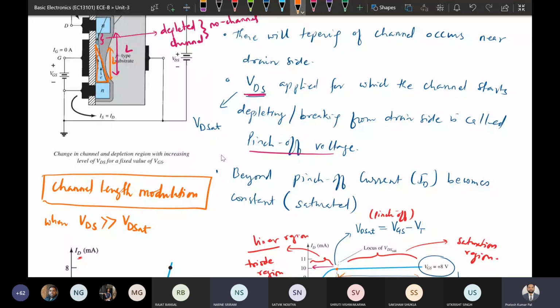It reduces the effective channel length: initially it is L, now it is reduced to L dash, so we have a smaller channel length. This is similar to the modulation in JFETs and BJTs. Base width modulation we have seen, and channel length modulation we have seen previously in the JFET also. So this is all about the operation of the n-channel MOSFET.